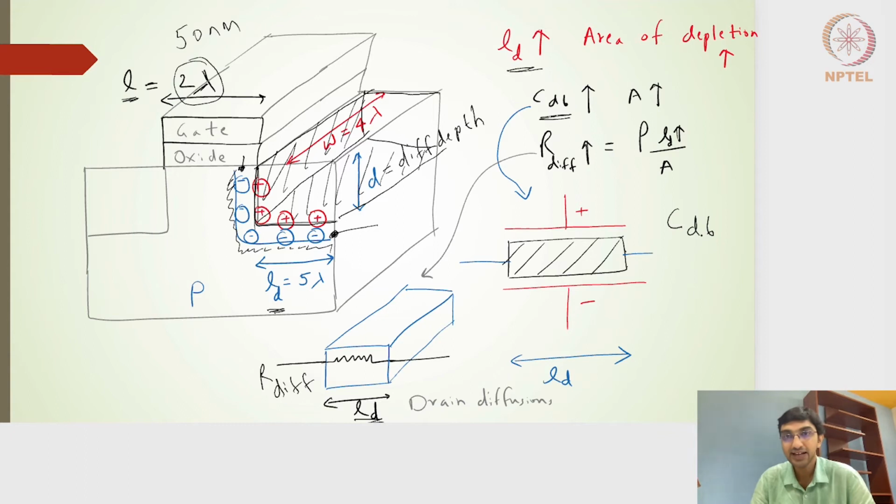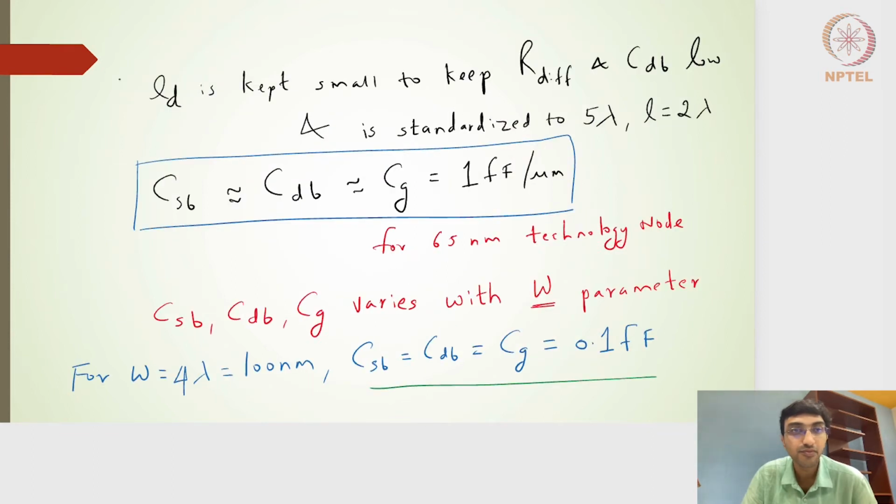That's why the LD is approximated to the minimum value that is possible. Generally, for most of our designs, we keep the LD value fixed at 5 lambda. So LD is kept small to keep the R diffusion and CDB values low, and that is standardized to 5 lambda. The channel length is kept at a minimum of 2 lambda for most of our transistor designs.